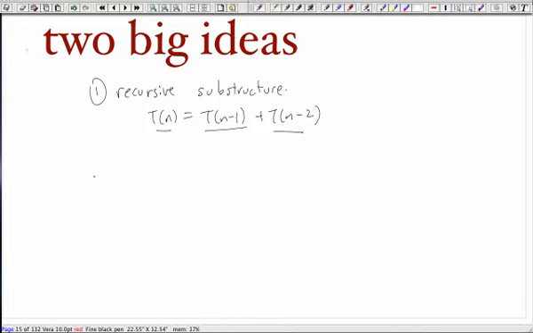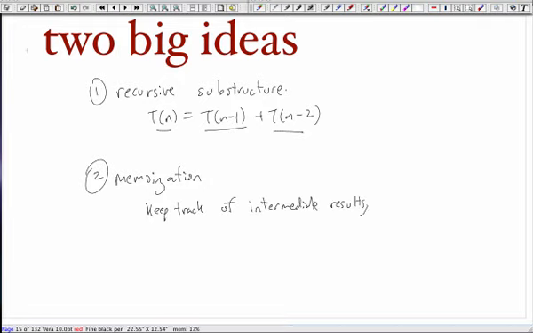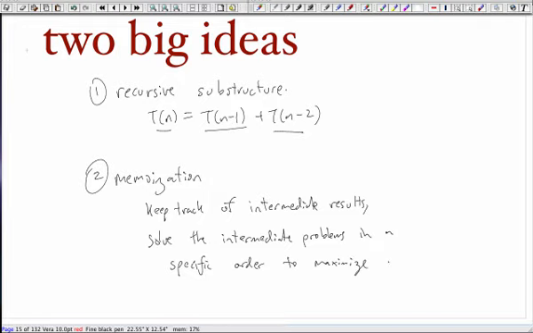And the second big idea is memoization: we keep track of intermediate results, and going one step further, we solve the intermediate problems in a specific order to maximize efficiency.